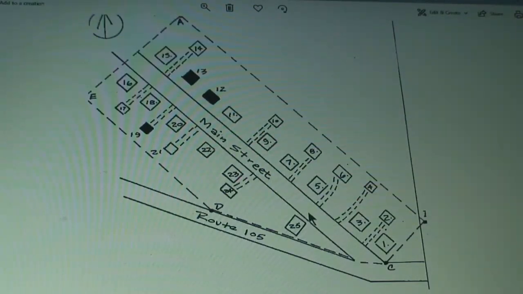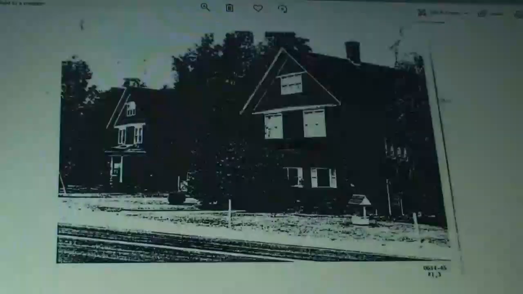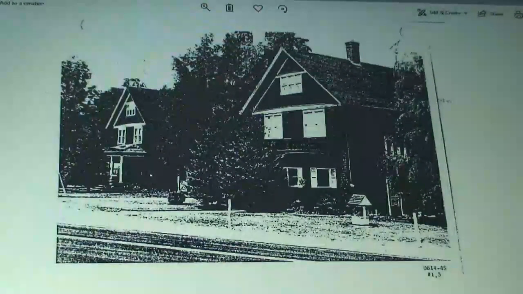So right here is what is currently Jolly's, and these are houses. The ones in black are considered to be non-contributing, and the rest of them are primarily ones that were built by the mill.